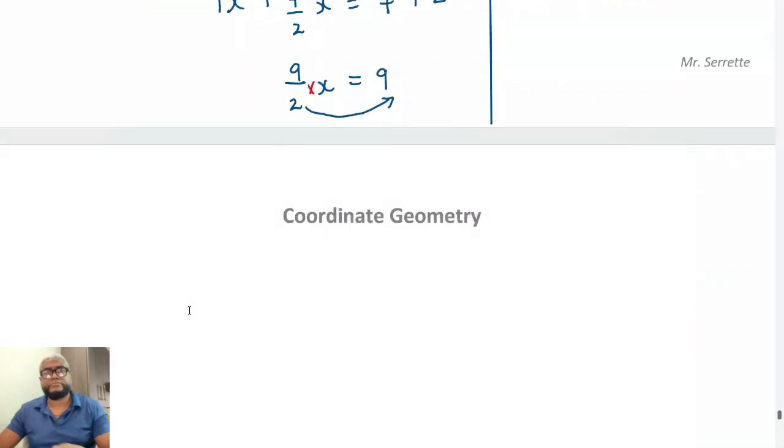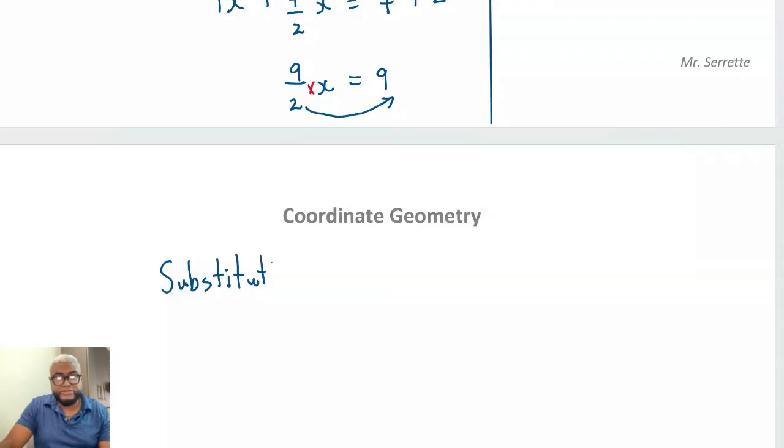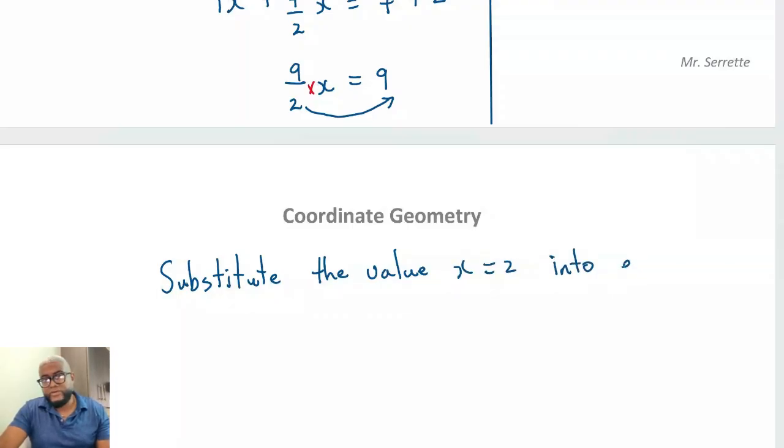All right. So I'm going to substitute the value x equals 2 into equation 2, right?